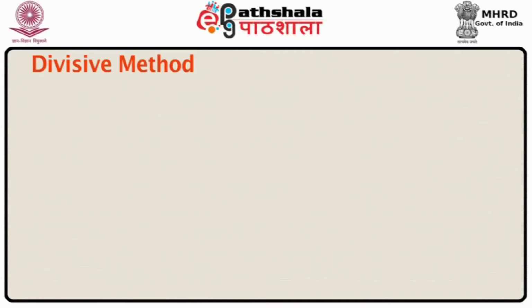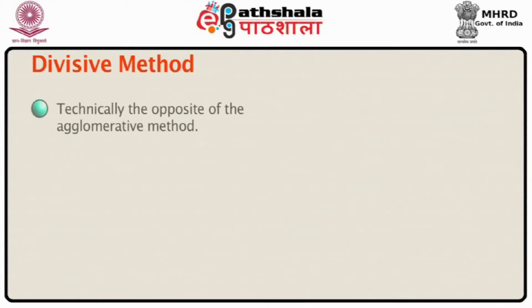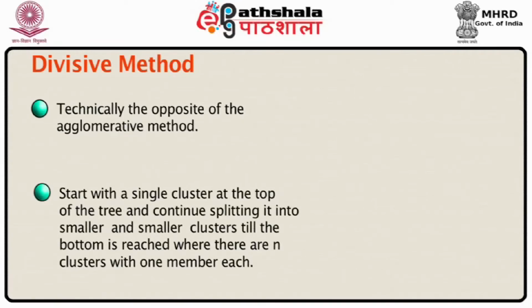In the divisive method, we do it just in the opposite way. It's technically the opposite of the agglomerative method, where we start with a single cluster at the top of the tree and continue splitting it into smaller and smaller clusters till the bottom is reached, where there are n clusters with a single member each.